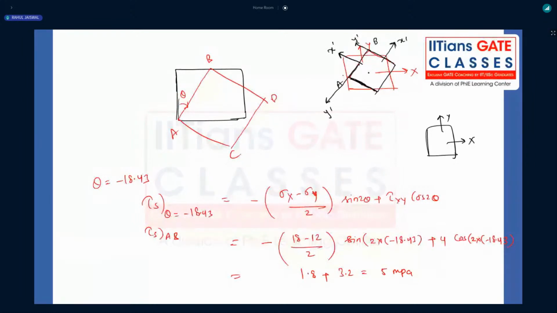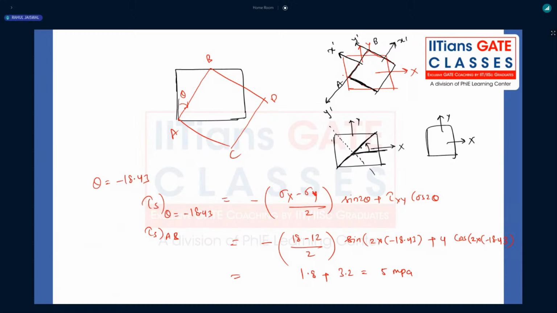Because for this AB plane, for a plane AB, this will be suppose X axis, this will be Y, right? And the axis of the plane is being tilted at an angle theta, for example. Then what about the coordinates? That will also be tilted, right?